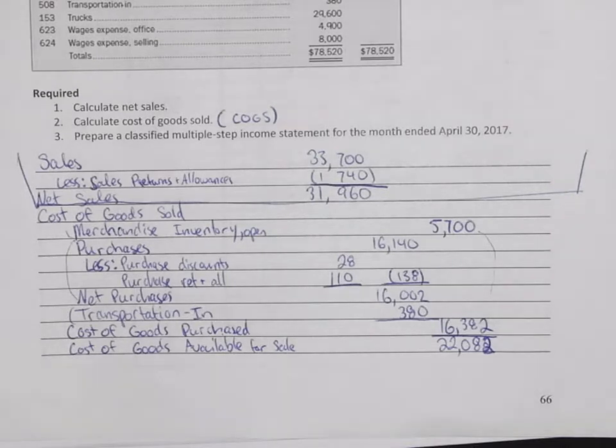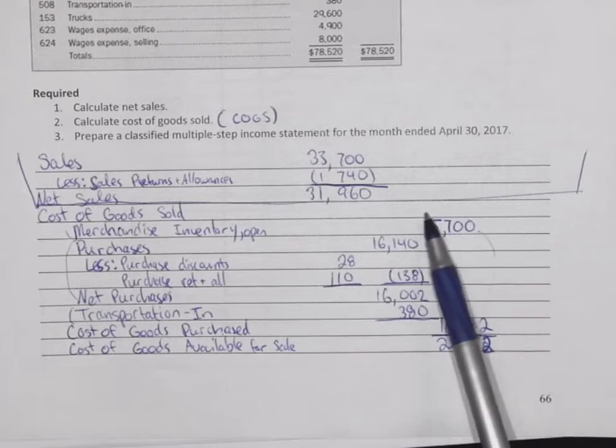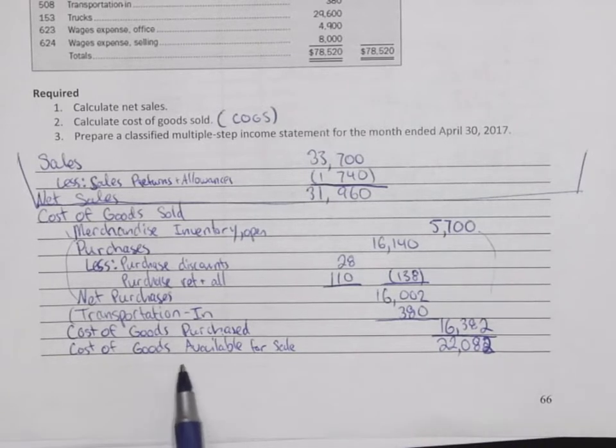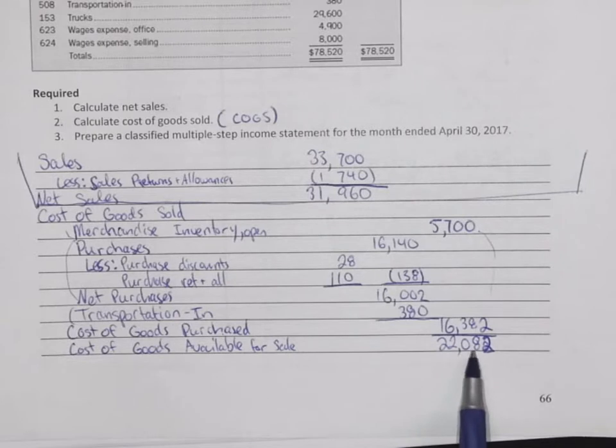So between all of your purchases, your net purchases, and the balance that you started the period with, you had that much to sell throughout the entire period. Okay? So they purchased 16,382. That's the cost of goods purchased. And you had 5,700 to start, so that's your total available for sale in that period, 22,082.